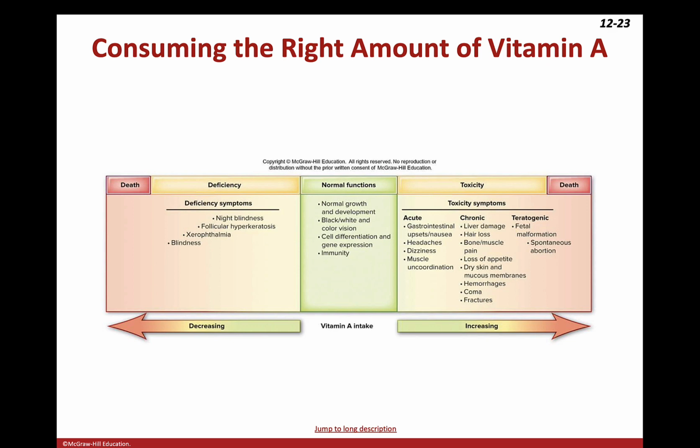Chronic, so we're progressing in toxicity: liver damage, loss of hair, pain within bones and muscle, loss of appetite, very dry skin and mucous membranes, bleeds, coma, and fractures. When we look at teratogenic, this is typically going to be fetal malformation and can potentially result in spontaneous abortion. And once again, increasing levels of vitamin A toxicity can be fatal.